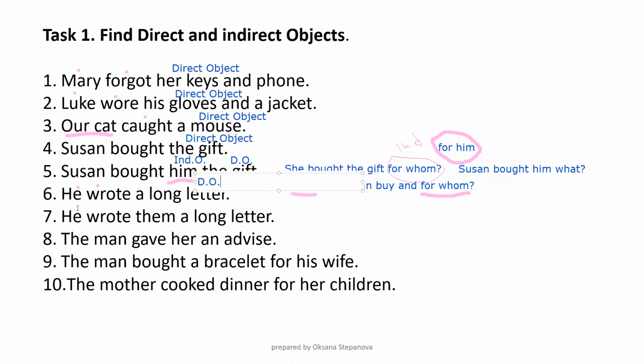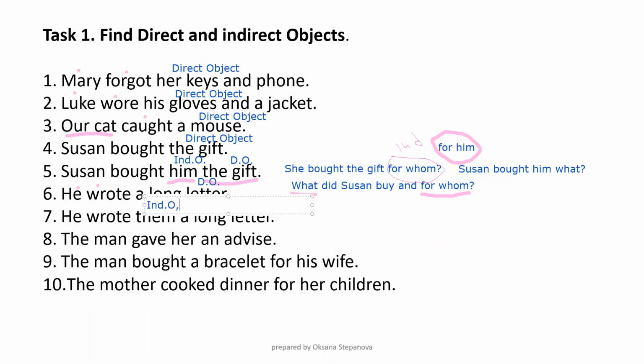A long letter. If we look again, he, subject, wrote, verb. He wrote them a long letter. Again, we have a long letter as a direct object because it's just what. And then we say, he wrote a long letter for whom?